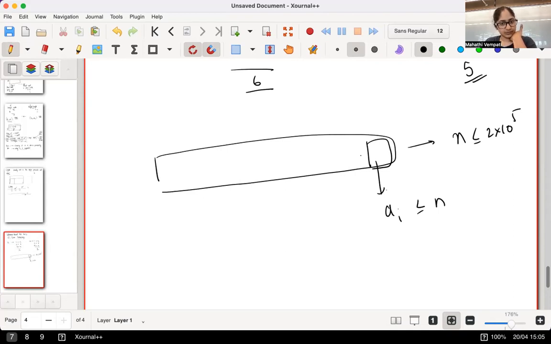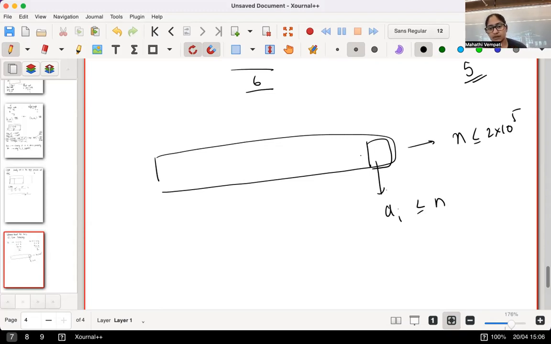Those are the constraints. So basically you need to be able to find the number of subarrays that XOR to a non-square.